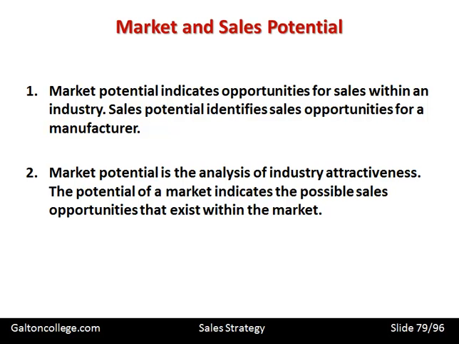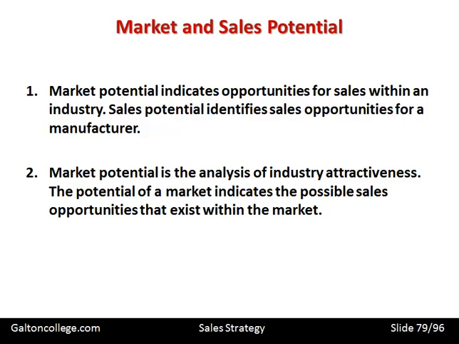Market potential is the analysis of industry attractiveness. The market potential is only there if the industry has got a product that suits the market. Otherwise, the potential will simply remain and there's nothing the company can do about it. It must have a product that meets the market requirements.